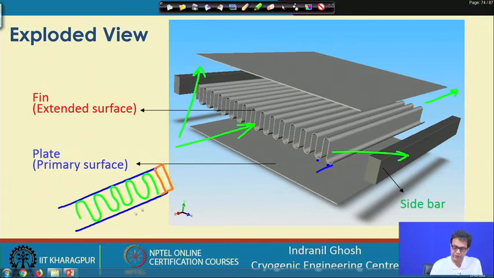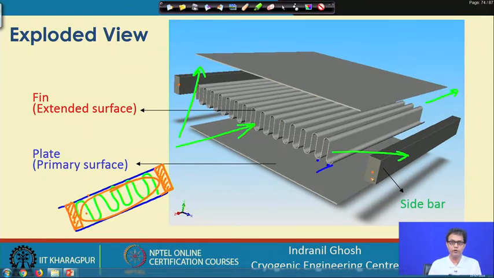We will put a barricade on this side and another barricade on this side. So, we are confining the liquid within this zone, which is created by the primary surface area and the fin, and it is bounded by two sidebars.